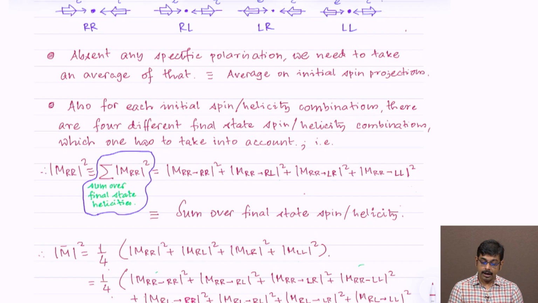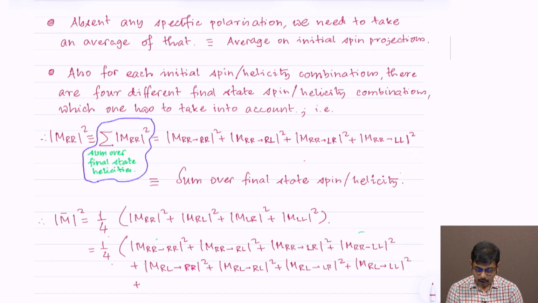This is what is indicated by mod of M_RR square, which has to be summed over all the final state spin or helicity.